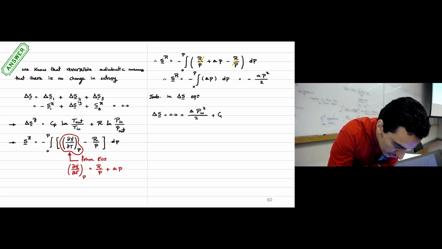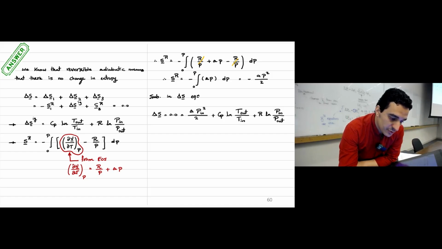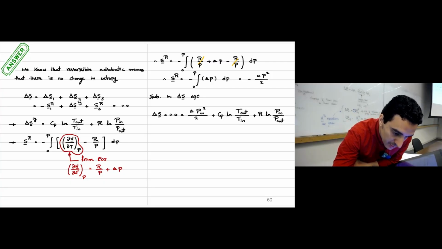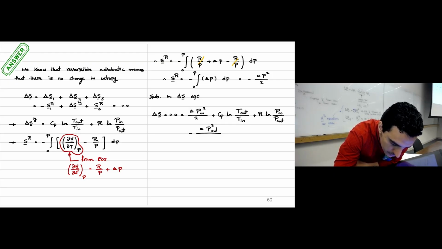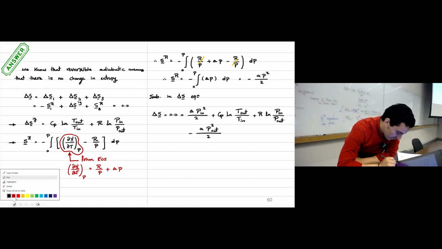So this will be plus Cp ln (T out over T in) plus R ln (P in over P out), plus residual property 3, so this will be minus A P out squared over 2. So these are all the terms of the equation we have.